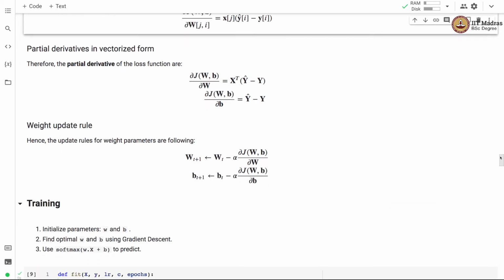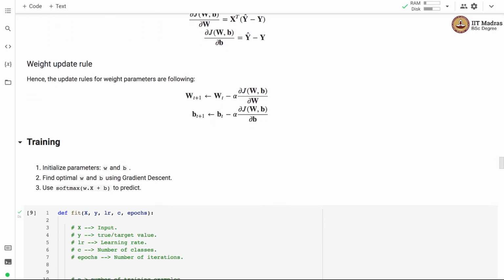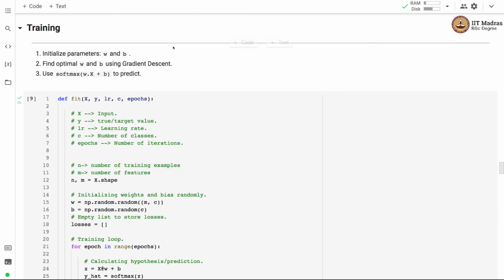So with these update rules, we can use gradient descent to find the optimal values of the weight matrix and the bias vector. We implement the fit function that takes the feature matrix, label vector, learning rate, the number of classes and number of iterations as input.